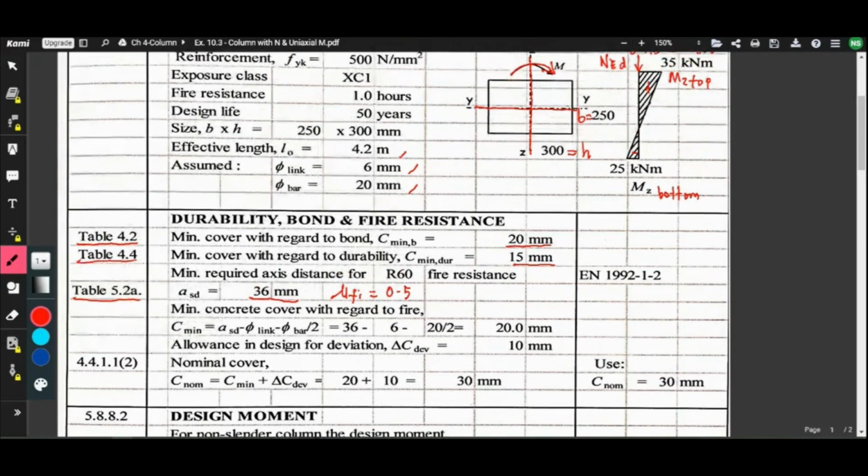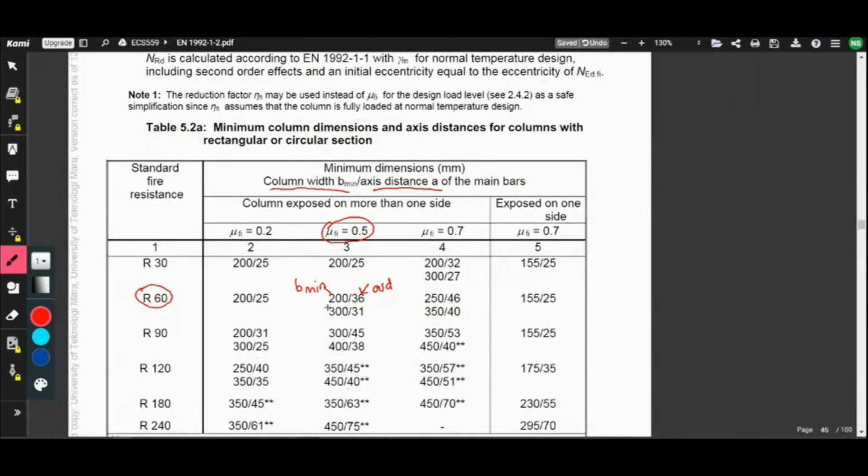So you can either use 200 so that ASD is 36, or if you want to interpolate, you can do so. If it's 250 here, meaning that ASD would be 5 divided by 2, 2.5, so 33.5 if you want the accurate value. I'm going to stick with 36.